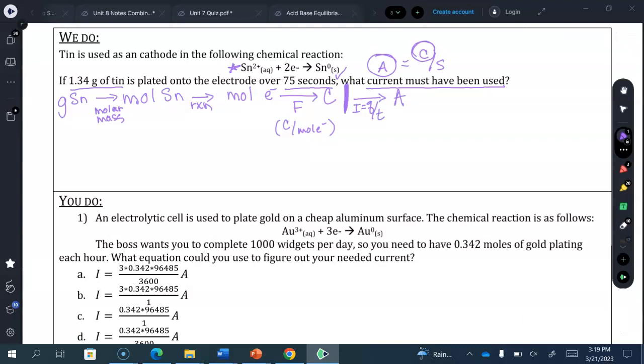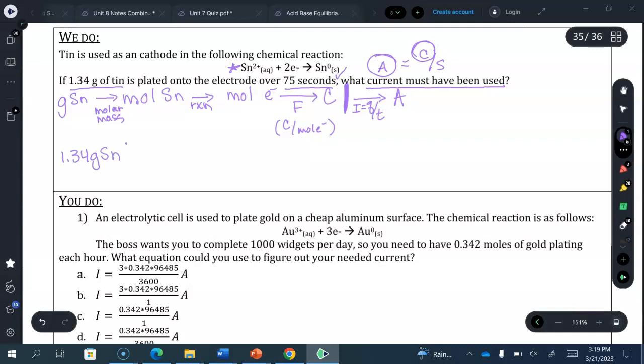Okay, so now let's set this up. 1.34 grams of tin. And remember, your roadmap tells you what goes on top. So moles of tin, then I'm going to go to moles of electrons, and finally go to coulombs.